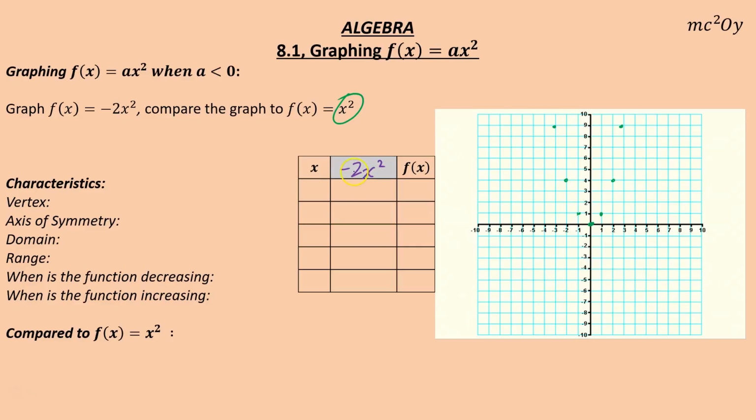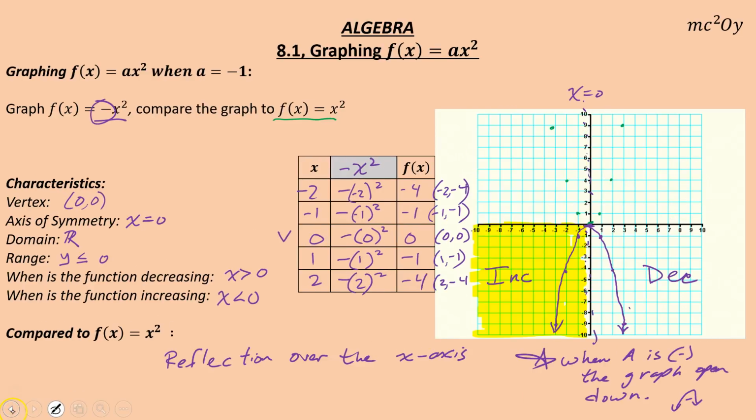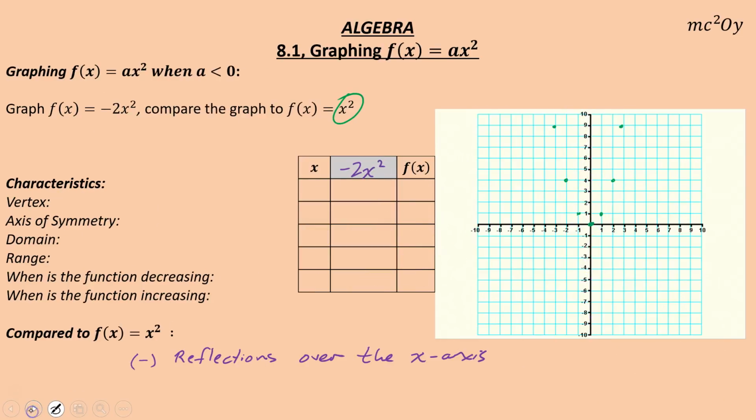Well, the 2, I know what the negative does. The negative reflects, it's a reflection over the x-axis. That's what we did back on this slide, right? It's a reflection over the x-axis.